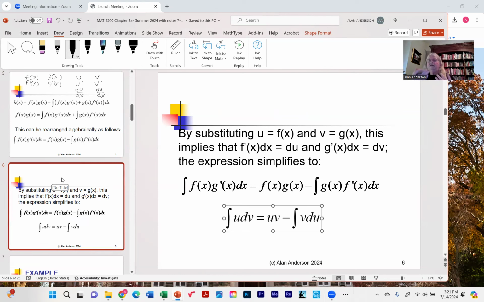Now, like with some of the other techniques that we've used, such as u substitution, if you do this incorrectly, if you choose the wrong values to substitute, you'll find that you end up with a bigger mess than you started out with. And that's how you know you're going down the wrong path. So if things look simpler, then you know you're probably heading in the right direction.